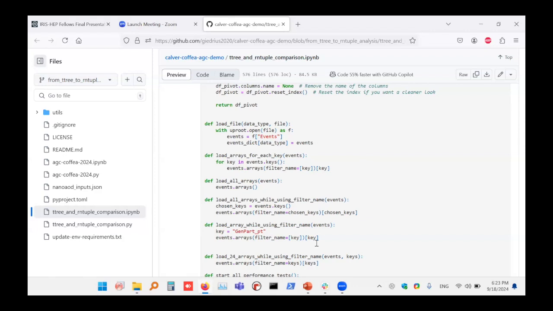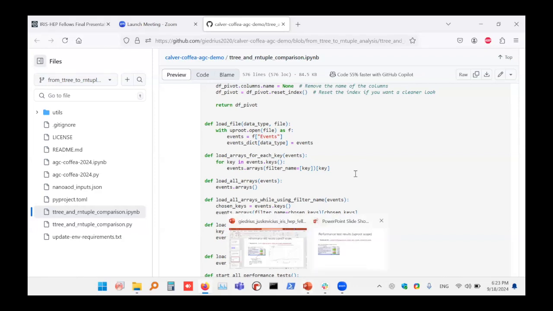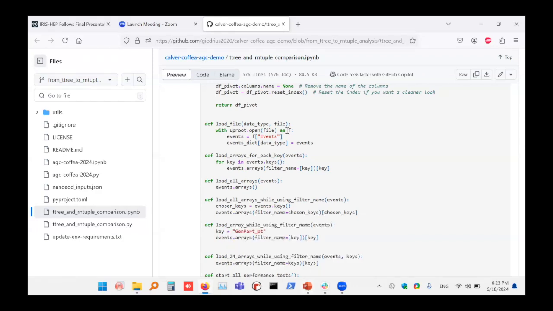I'm looking at this code here with the load file with uproot open as F, and you get the events T-tree. I don't know how this could work because when you leave this bit of code, you've left the with statement. The file is closed, and so you can't read from the T-tree after that.